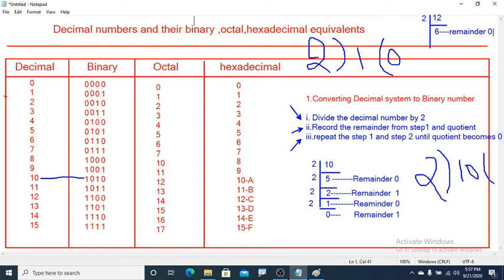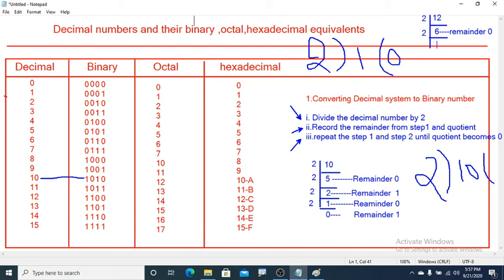So now again, which number can we divide with? We are dividing with 2, right? Now I am writing 2 here. 2 threes are 6, correct?